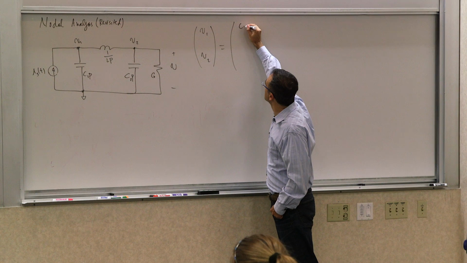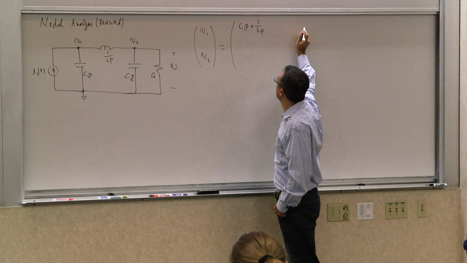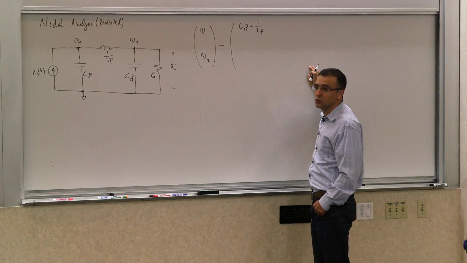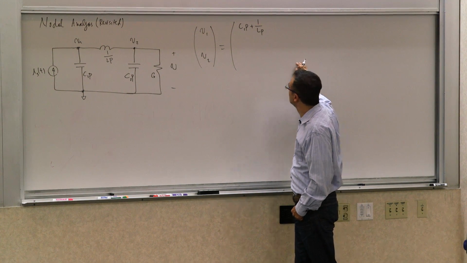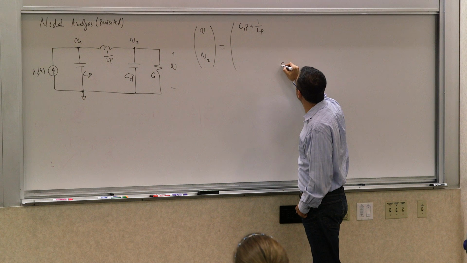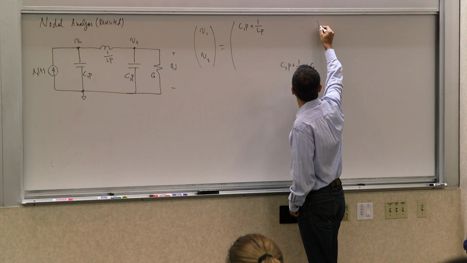C1p, 1 over LP. And what is the other element here? The 2 element? C2p, 1 over LP, plus G. There's no 2, G.